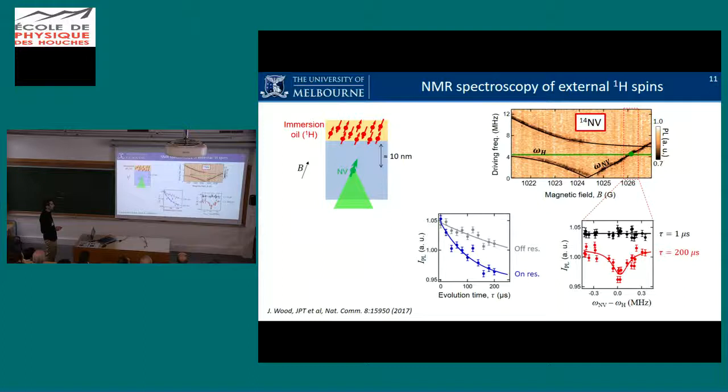Then we zoom in around where we expect the resonance with protons, so 4.4 megahertz, and we take a T1 measurement, again with a single tau of 200 microseconds, and we detect a resonance at the expected Larmor frequency, here normalized, at 4.4 megahertz, which we attribute to the proton spins outside or on the surface of the diamond. And this is a full T1 curve when we sit on resonance, in blue, which has a shorter decay than the off-resonance T1 measurement.